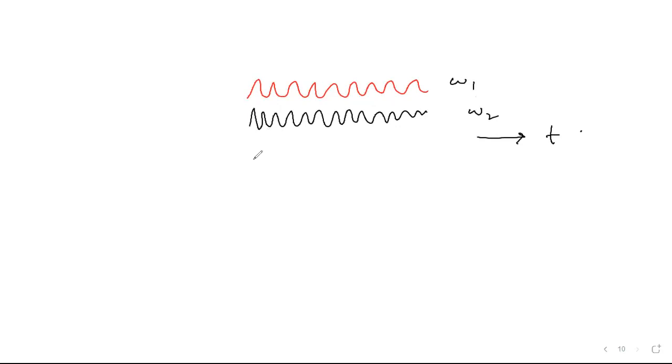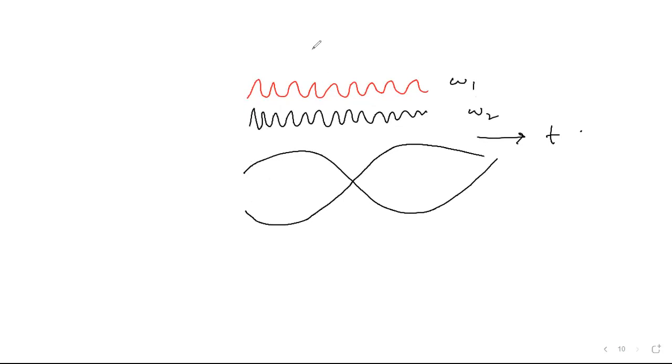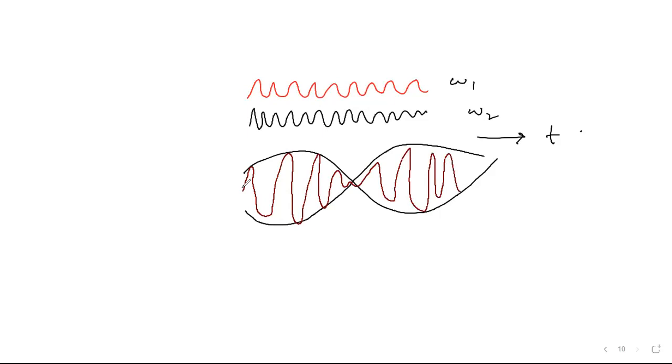And what happens? We get this type of situation. Let me show it in some other color. It's all rough. You can see it in the textbook.